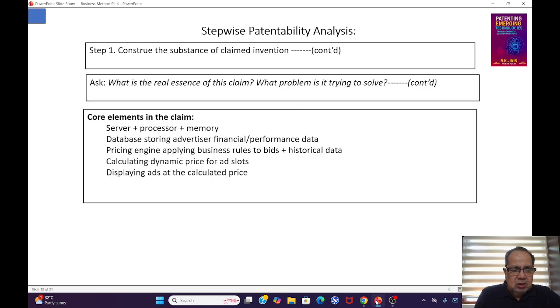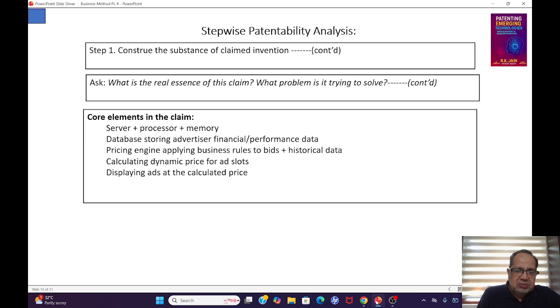Now that we have determined the substance of this claim, we'll try to differentiate the claim into secondary and non-secondary elements comprising this claim. The core elements would be the server, the processor plus memory, the database which is going to store advertiser financial performance data, and the business rules applied through the pricing engine to the bids plus historical data.